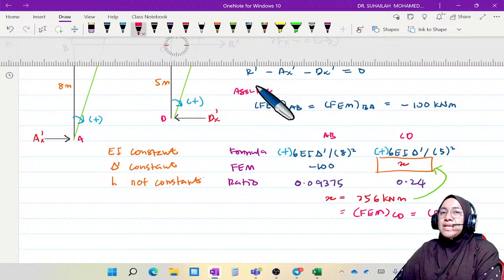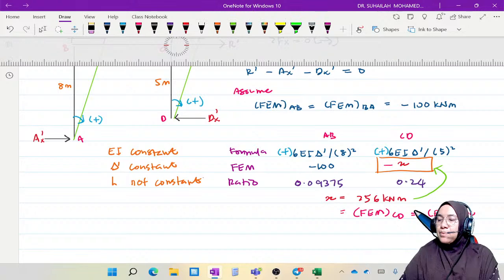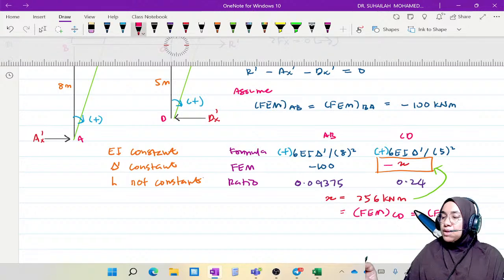But before that, remember that X must be negative, so we have to put negative. We can also replace this as negative 256.